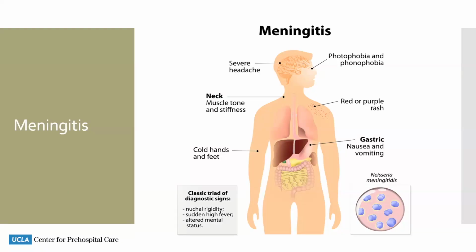So your medical director will give you prescriptions for certain antibiotics to take so that you don't develop meningitis. Now, if it's viral meningitis, there's no treatment for it. You just have to kind of deal with it.